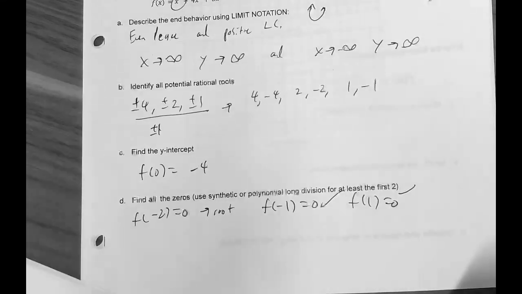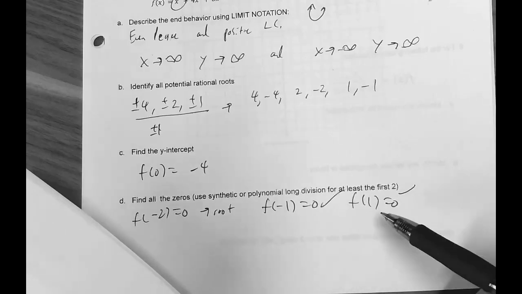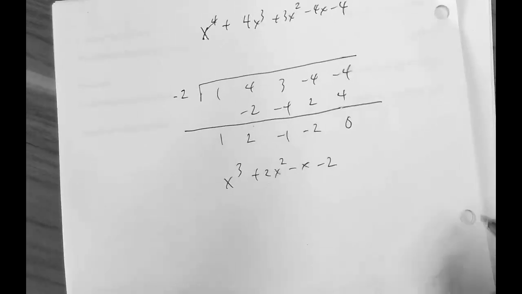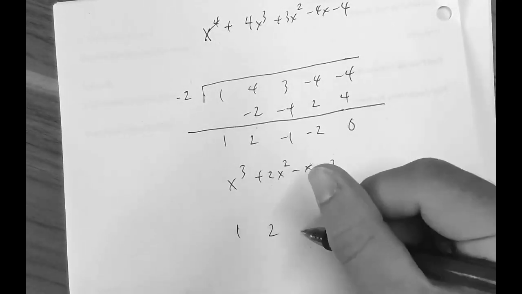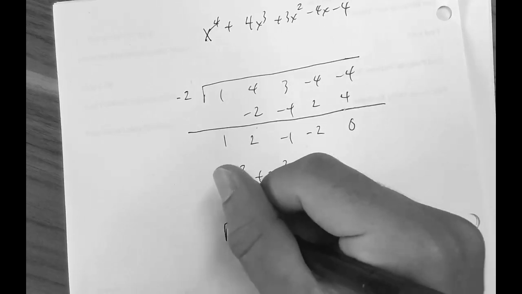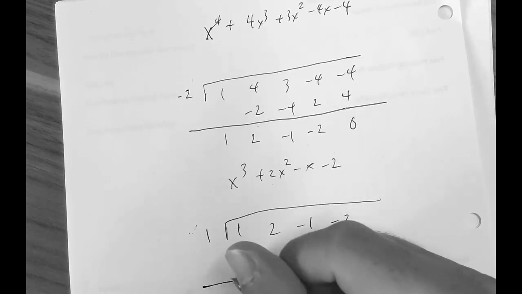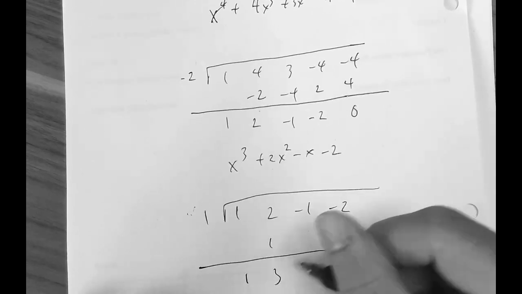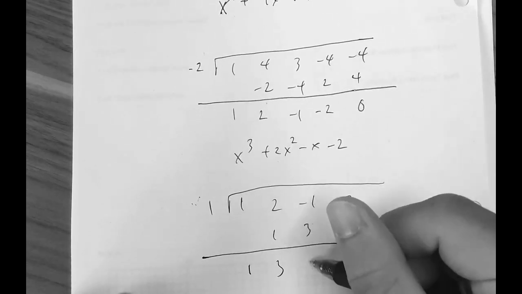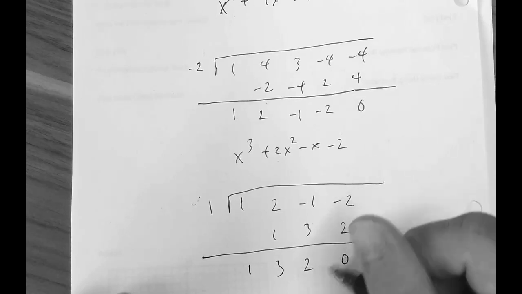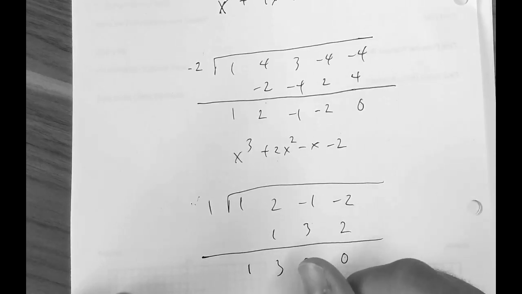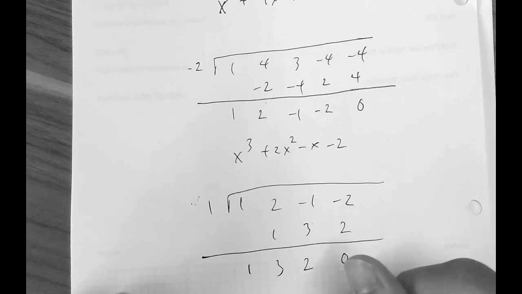And then we go to another factor, like the 1. So we could set up again 1, 2, -1, -2, and synthetically divide by 1. So we have 1, 1, 3, 3, 2, 2, 0. So then we have x squared plus 3x plus 2.